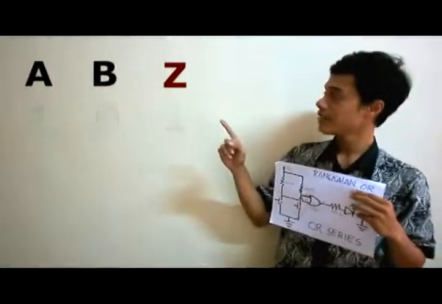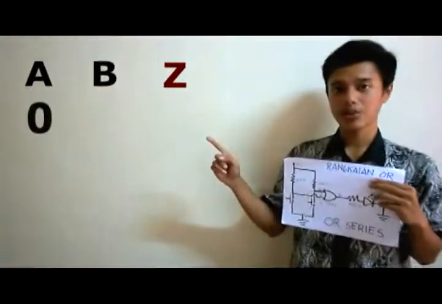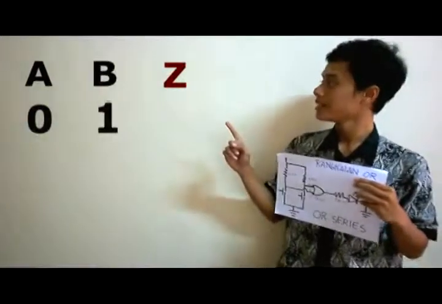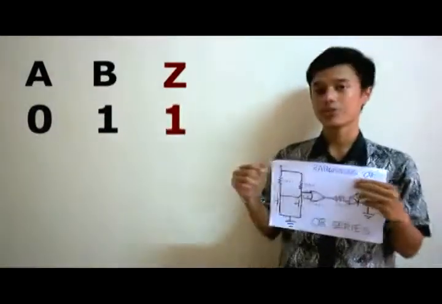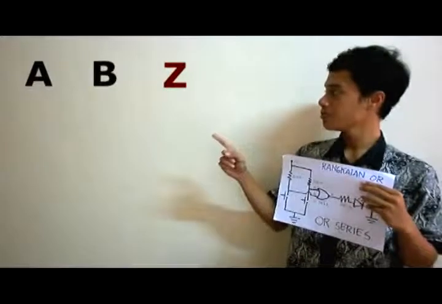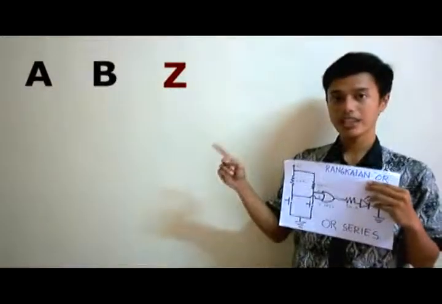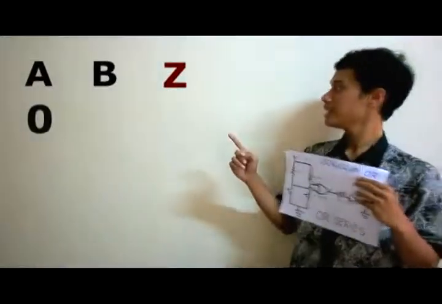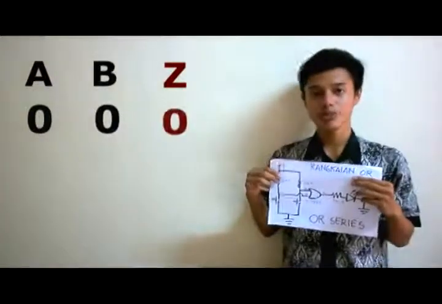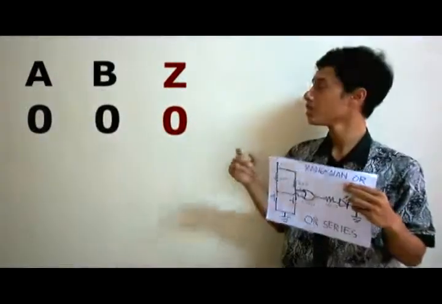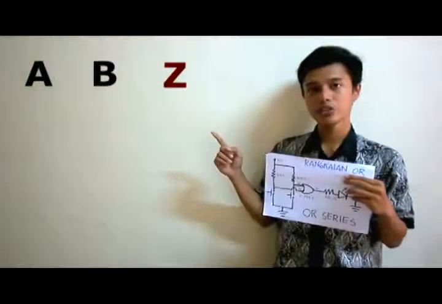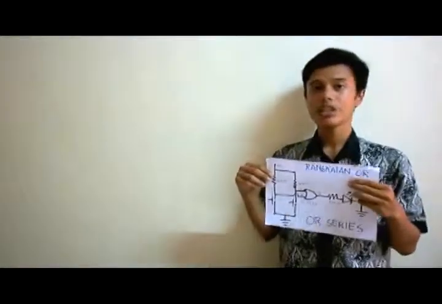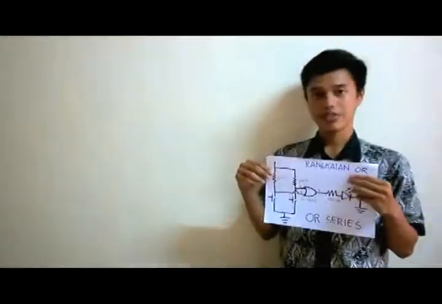If A is 0 and B is 1, the output will be 1. And if the input of A is 0 and B is 0, the output will be 0. So it will have a high value if part of the input gets high input or 1.